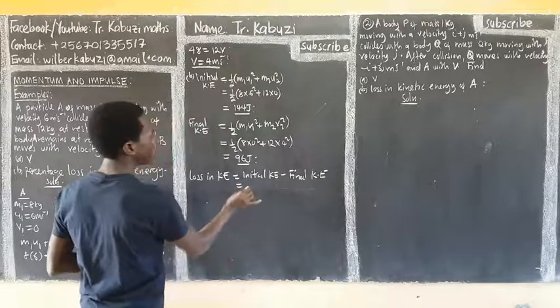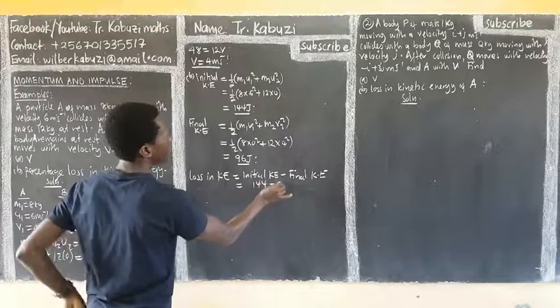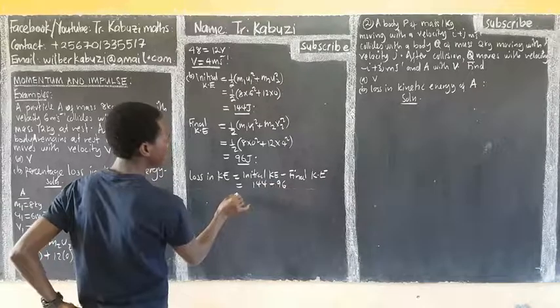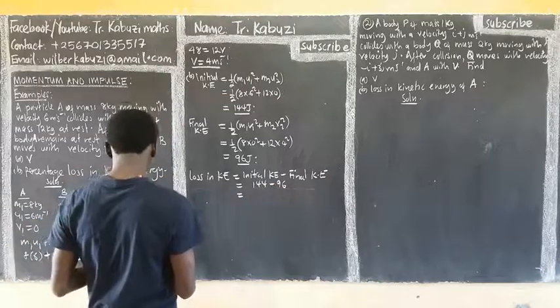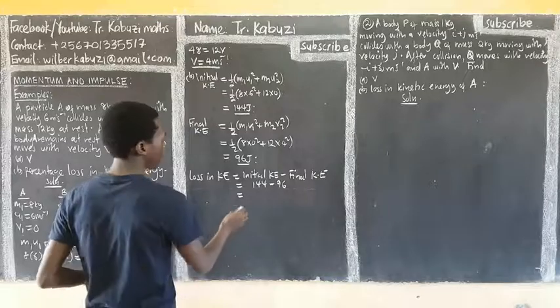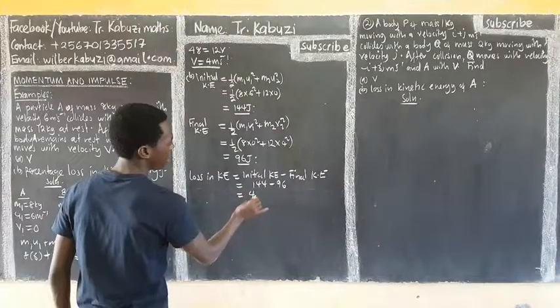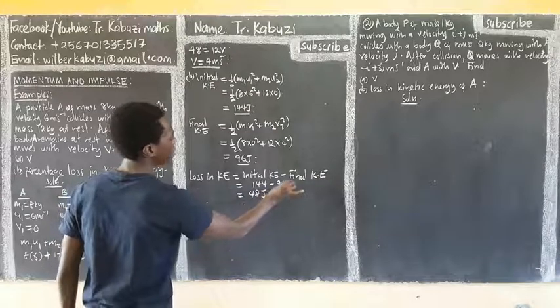This gives us 144 minus 96, which is 48 joules.